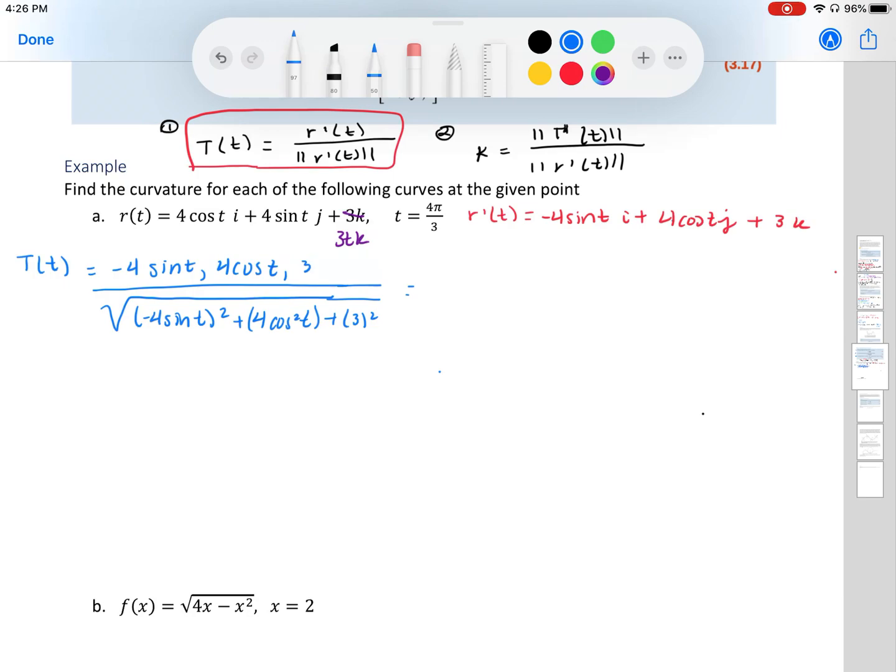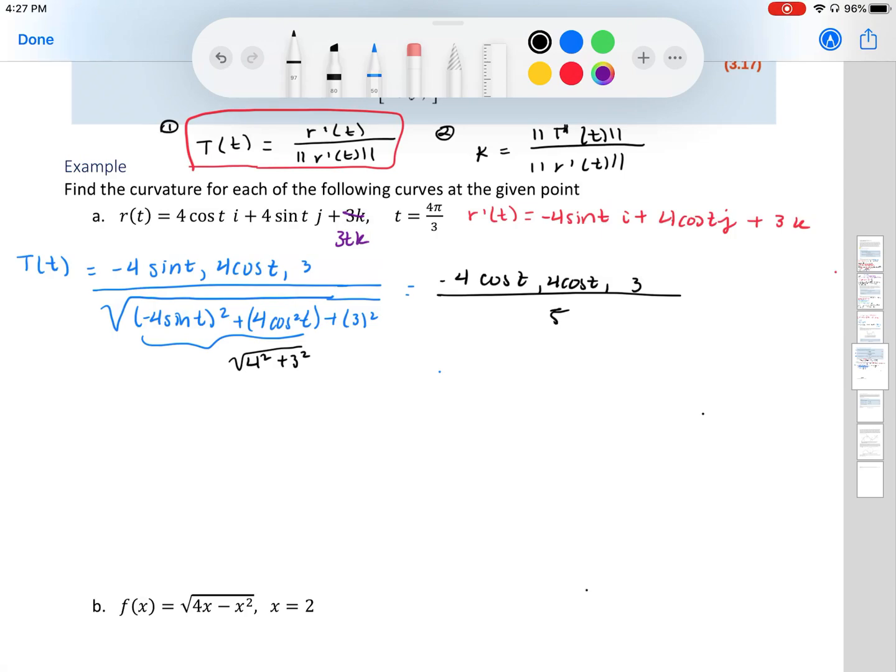Again, we use a Pythagorean identity so that we're just left with 16 for this value here. And we're left with negative 4 sine t, 4 cosine t, and 3, divided by 5, since that denominator ended up being 4 squared plus 3 squared under square root.